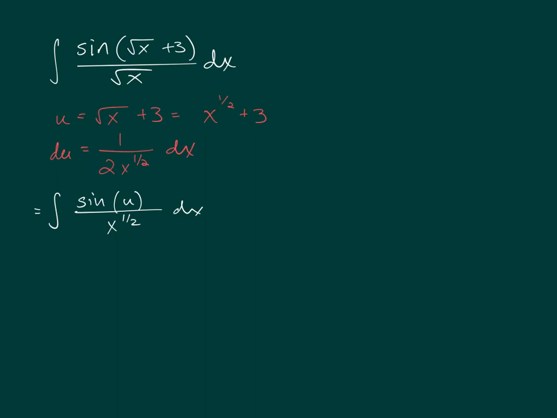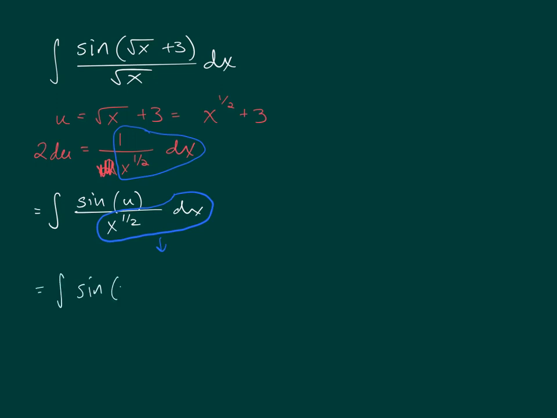So I need this 1 over x to the 1/2 dx, kind of like we have going on right here. But I need to get rid of this 2 somehow. If I multiply both sides by 2, I get rid of it there. And so I can say that this entire piece here gets replaced with 2 du.